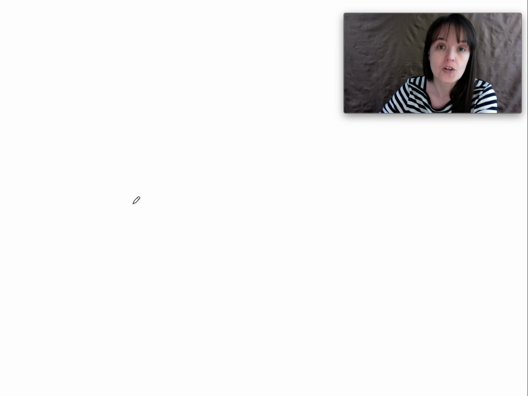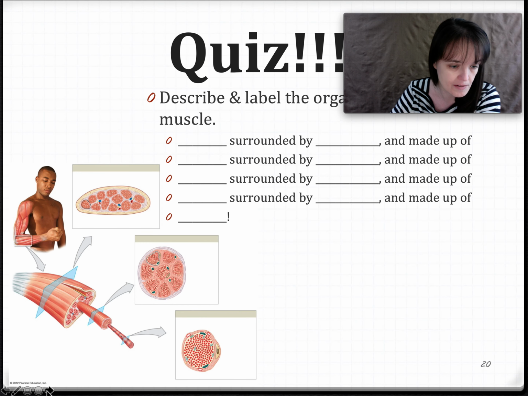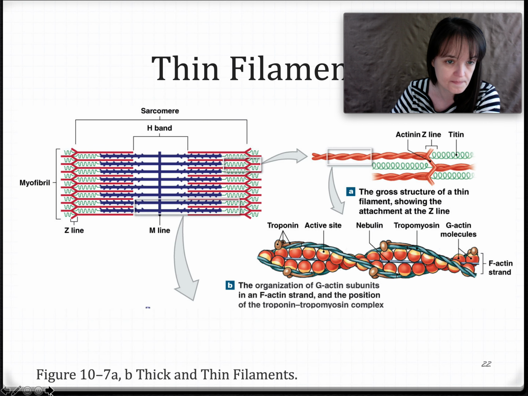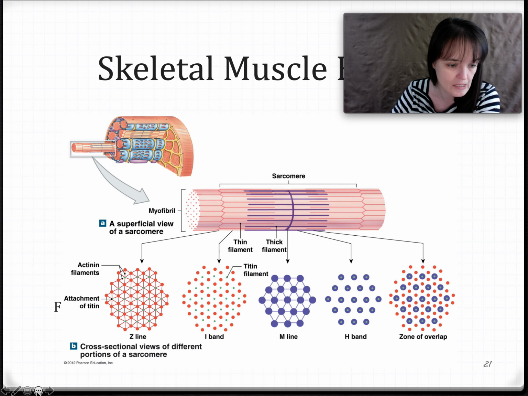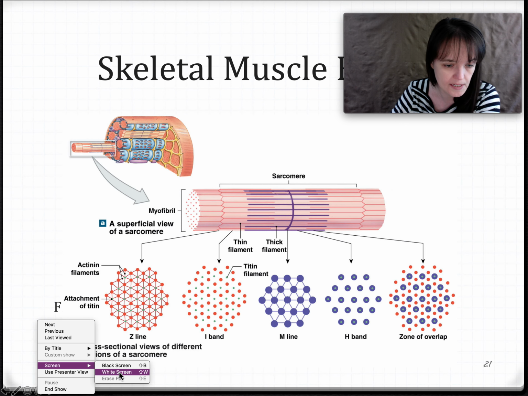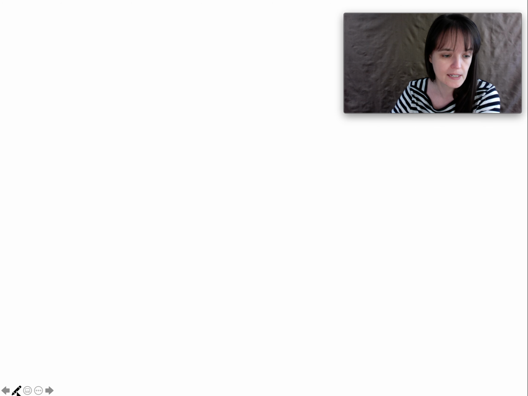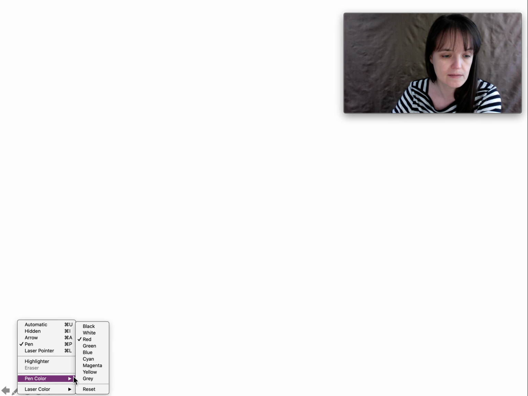Okay, so the ends of the sarcomere are made of, okay, that was terrible. Okay, it's gone. Okay, let's try again. Screen, white screen, and I think we're still on red.